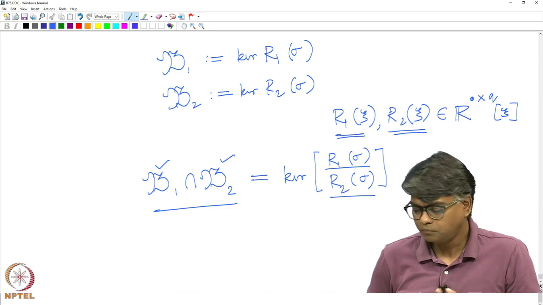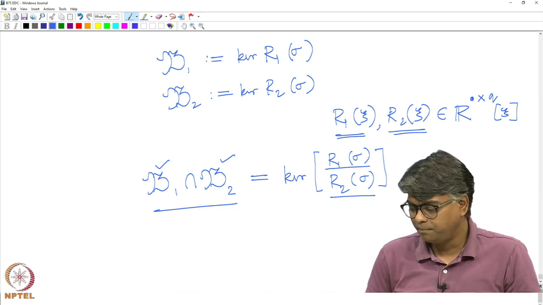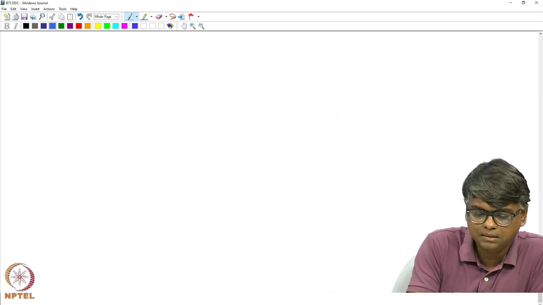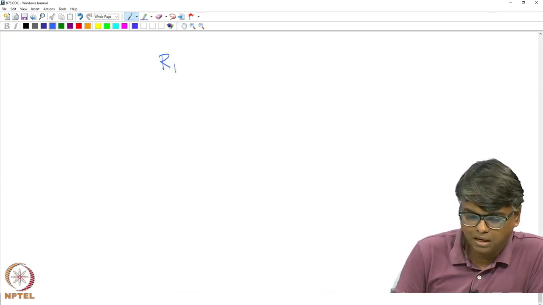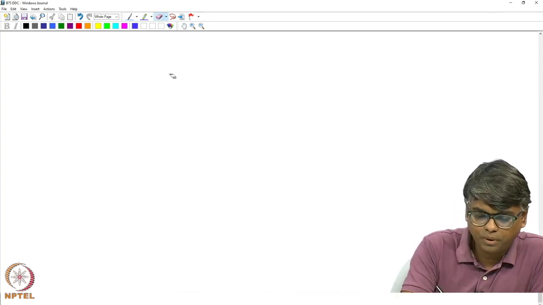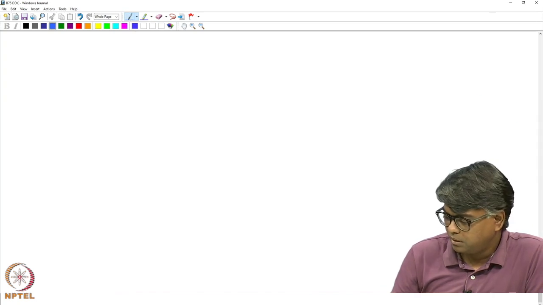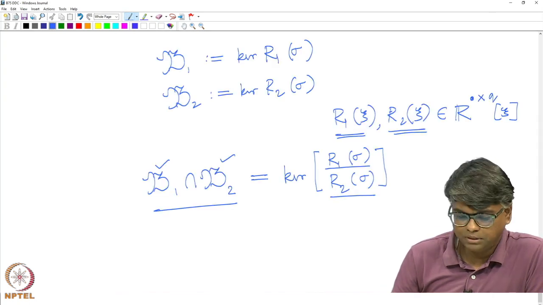Okay. So then, given any subclass of such things, all we have is actually a subclass of R sigmas. So the question in terms of equations will turn out to be the following.